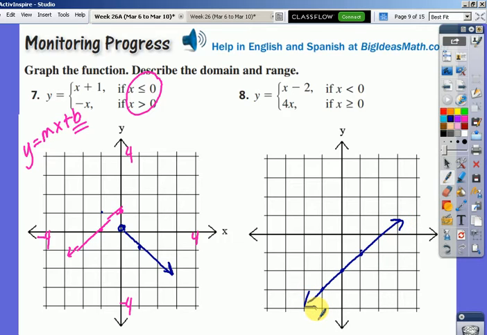Now, Aiden said something really important and really interesting that might make this easier for you. What I asked you last time was, where are the values less than 0? Are they to the right or to the left? To the left, right? Now, Aiden discovered a little trick here.